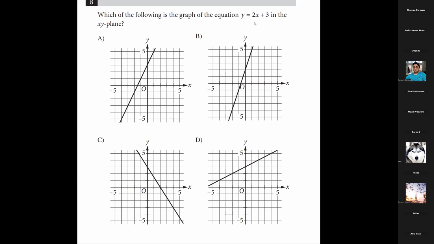Well, we know that it's a positive slope, so it can't be answer choice C because that's a negative slope. Intercept of +3, so it can't be answer choice B because that's +2. And then we know that the slope is 2, so it can't be answer choice D because this is a slope of half. So the correct answer is answer choice A. There's a slope of 2, intercept of 3.